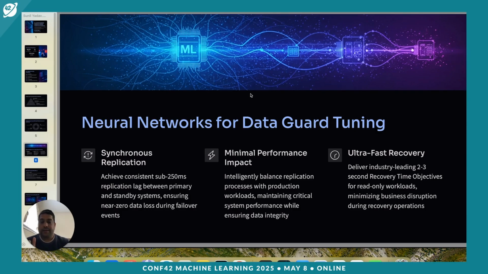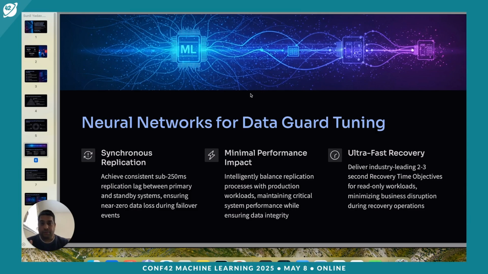And the second important factor is, if we want to achieve Data Guard tuning with milliseconds of gap, it does not mean that the primary should take a performance hit because of this kind of millisecond replication between primary and secondary. With minimum performance impact on the primary, the secondary should be in sync without any data loss. That is the most important thing, again, after minimum data loss.